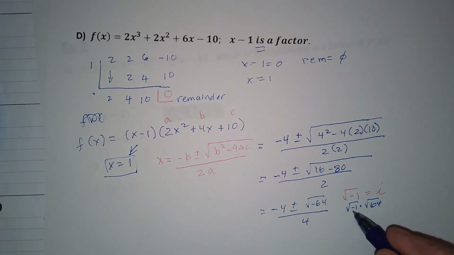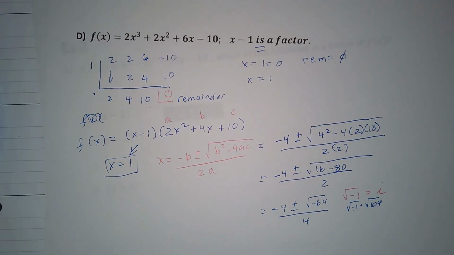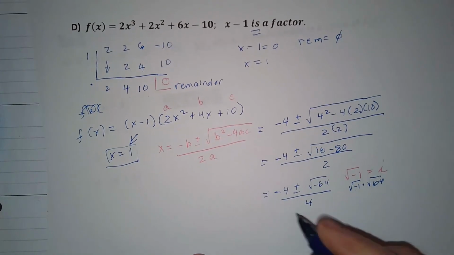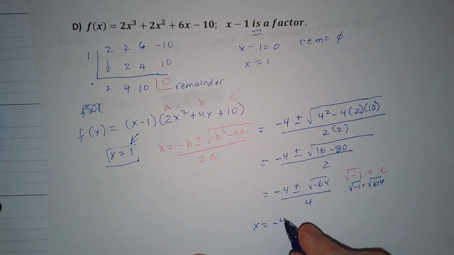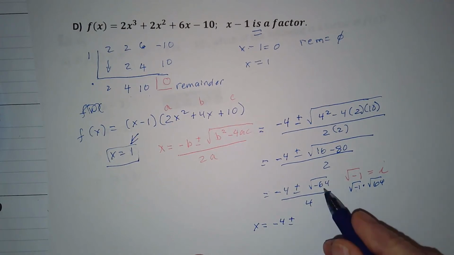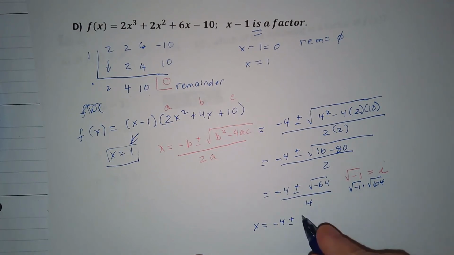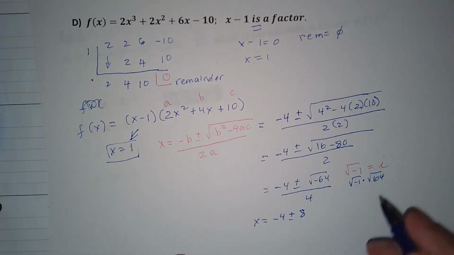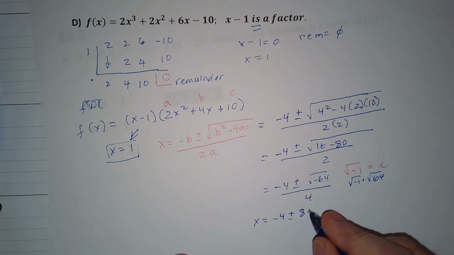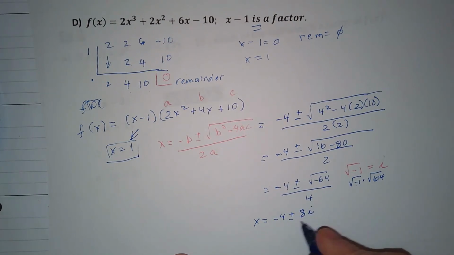And of course this is going to become i. So I'm going to rewrite as x equals negative 4 plus or minus, now the square root of 64 is 8. And again, you can use your calculator if you need to. And then you have your i, right? And that's all divided by 4.